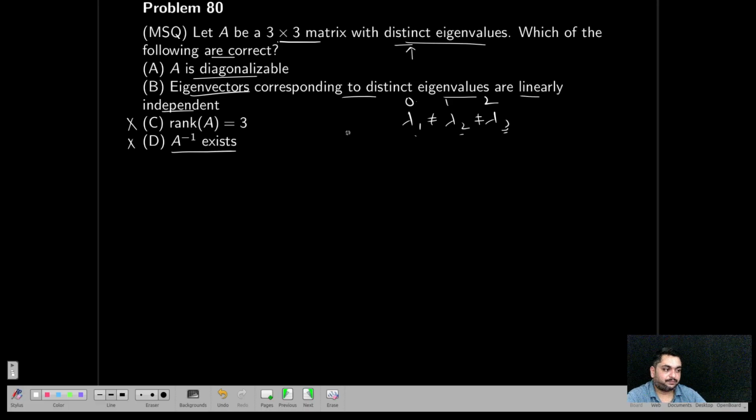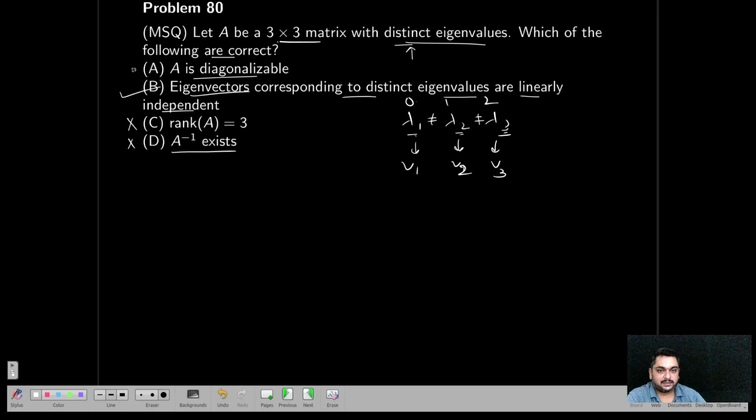What does it mean? See, if I have distinct lambda 1, lambda 2, lambda 3, I will have distinct vectors. Right? Even for 0, I will get a vector. Okay, it need not always be a 0 vector. We'll see one example, you'll understand. So this can be true.